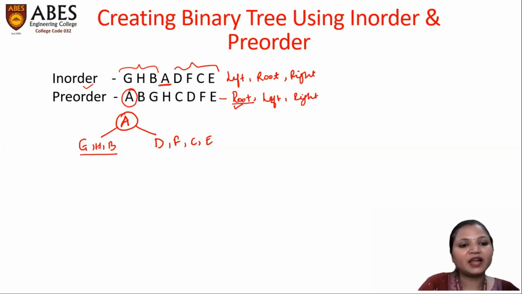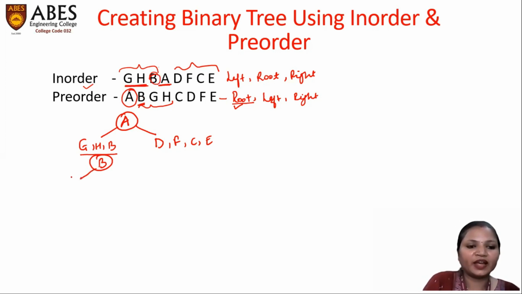Now for the left subtree, which one will be the root node? We have these three elements B, G, H. Now which comes first? B. So the next root will be B. Now check over here. G and H are present on the left hand side of this root node B. So G and H will become part of the left subtree.